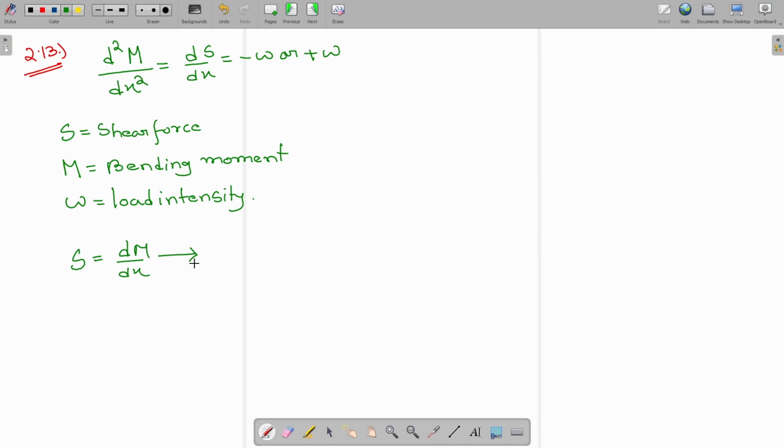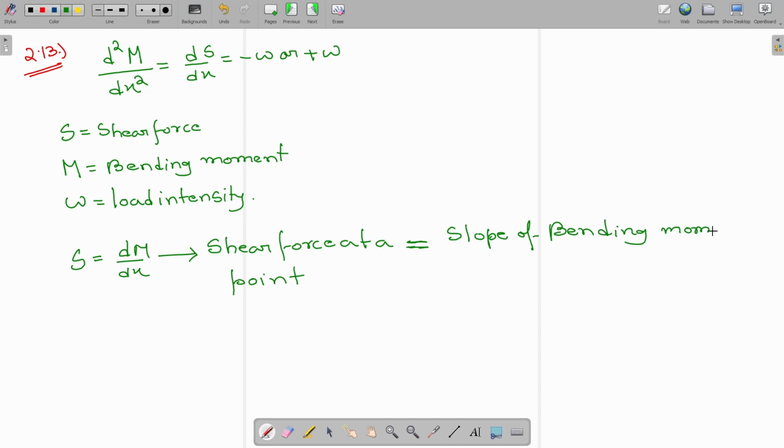That is, it implies shear force at a point is equal to slope of bending moment diagram. Please try to remember this. Now onto the diagram.